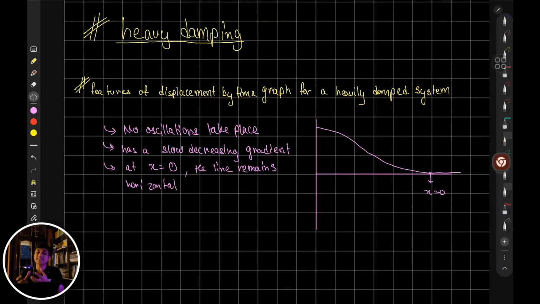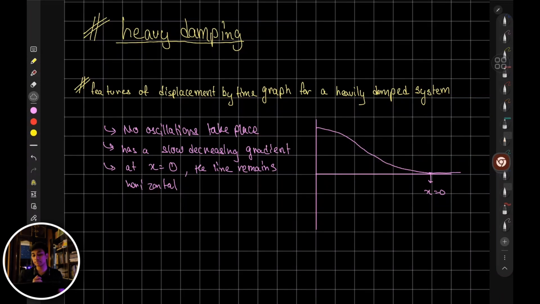It's going to take its time and slowly and gradually reach 0. In a lot of cases for oscillating objects, you don't want the object to instantly reach 0. You want it to take its time, take the hit, absorb the energy slowly.